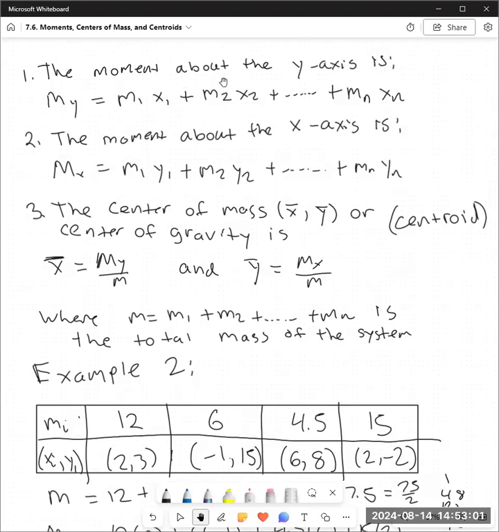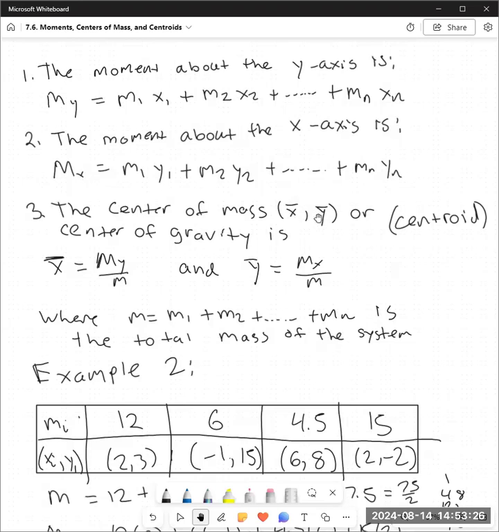So the moment about the y-axis for such a system will be m sub y equals m1 x1 plus m2 x2 plus dot dot dot plus mn xn. And the moment about the x-axis is going to be m sub x is m1 y1 plus m2 y2 plus dot dot dot plus mn yn.